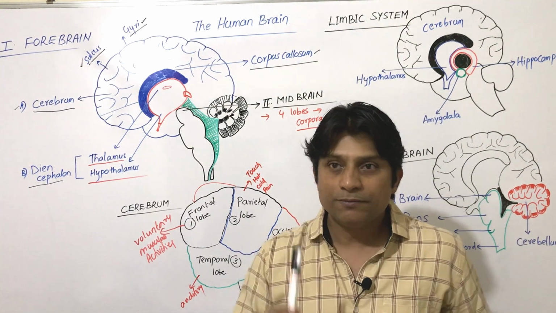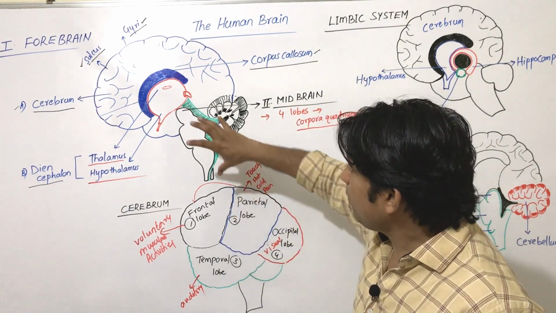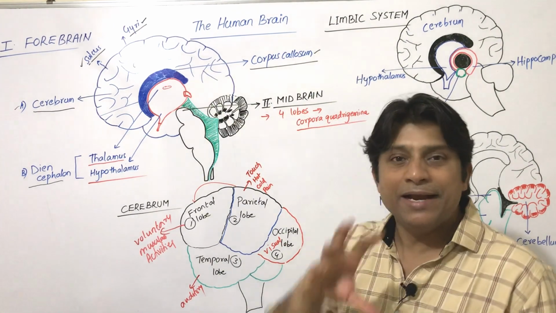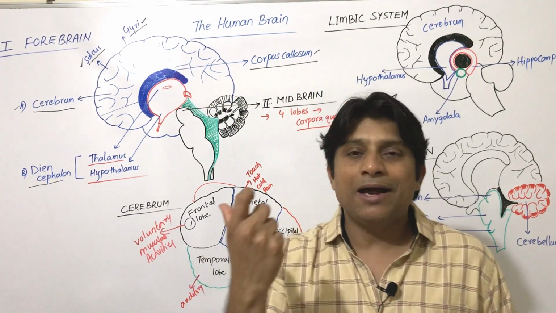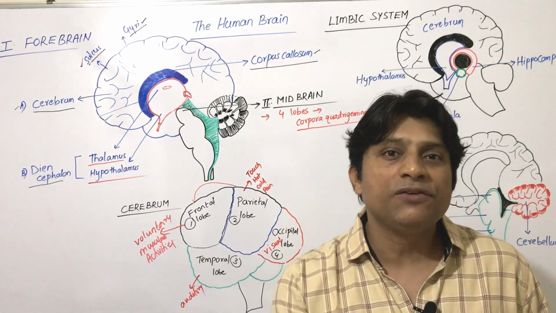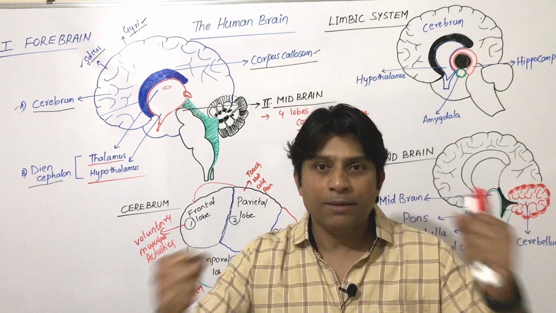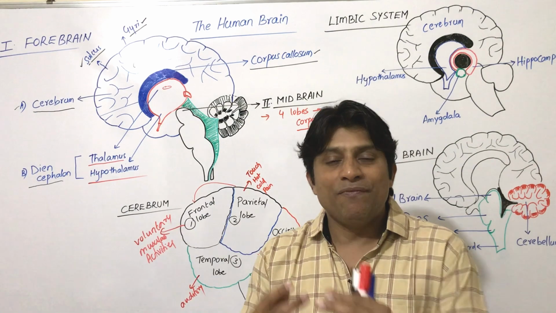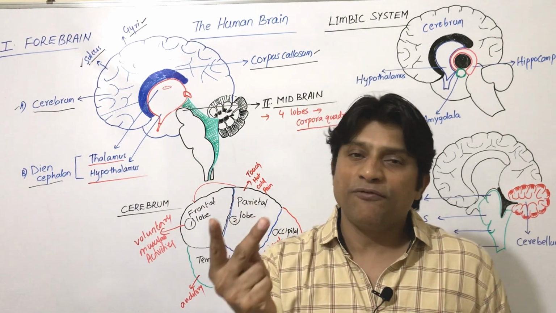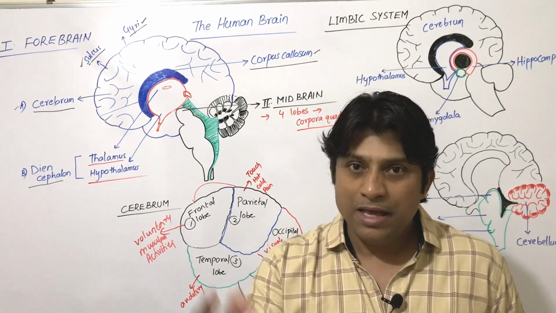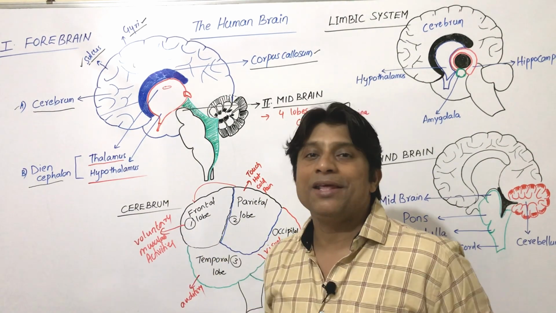Visual reflexes. Next, in the entire cerebral hemispheres, there are some areas which are exclusively meant for motor control, that is, your muscle movement. There are some centers which are responsible for sensory functions, and there are some association areas.